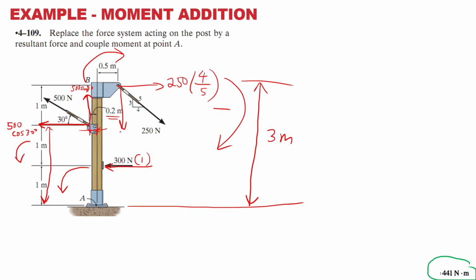And finally this one, 250 over 5 vertical 3. So kali dengan inilah 0.5 meter. Kali dengan 0.5. Ini tadi kali dengan banyak kan? Berapa? 3 meter. Okay, find out what is the answer.